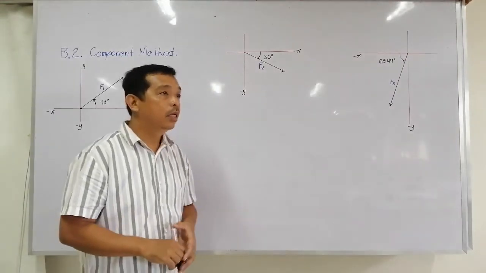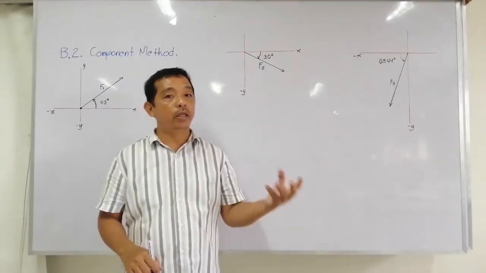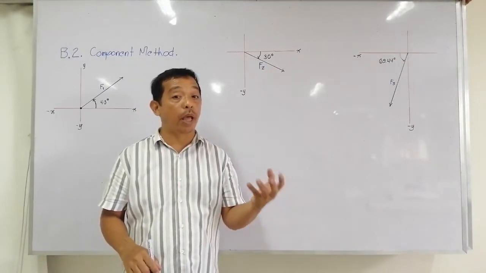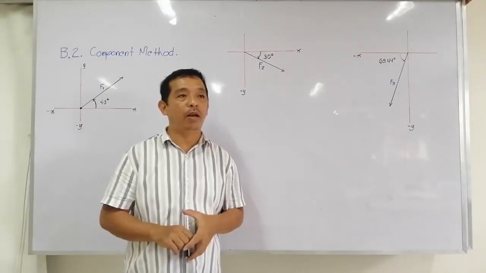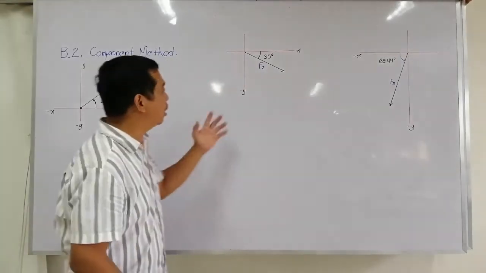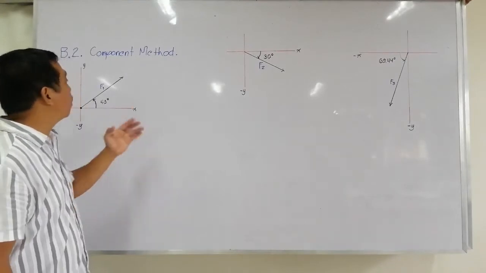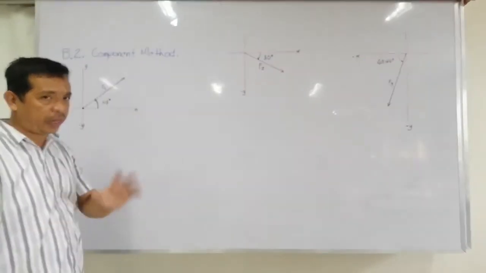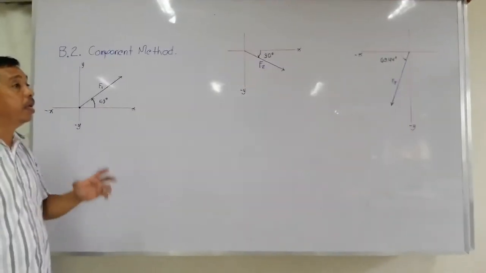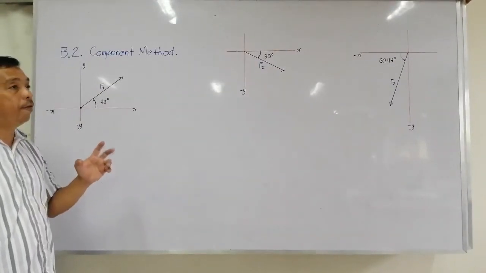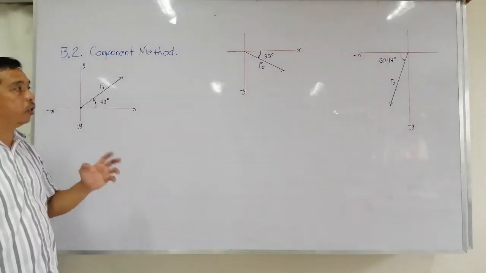Ibig sabihin, 7 and 5 are parts that comprise it. Or in this case, masasabi natin na, say for example, meron tayong isang vector, sabihin na natin F1, F sub 1, na 75 kips 40 degrees north of east.